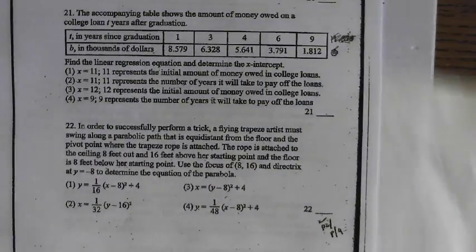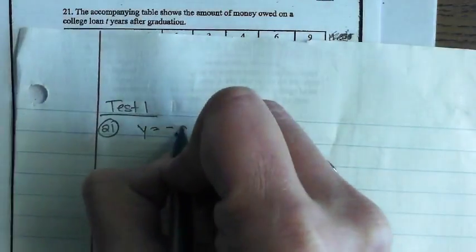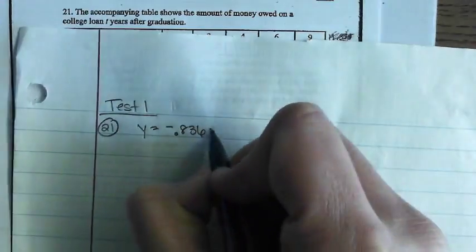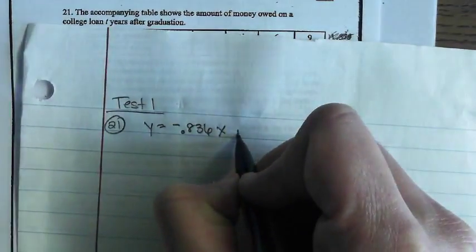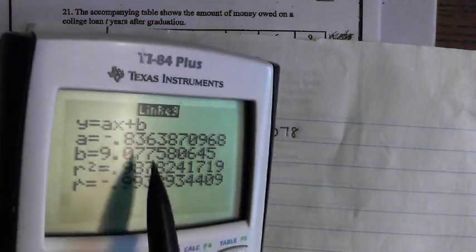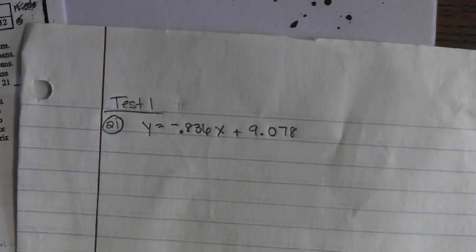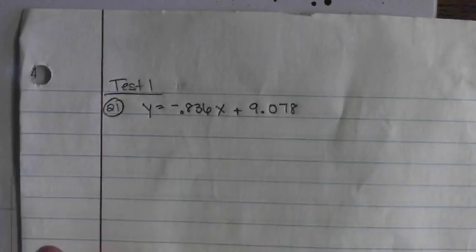So for this one, you would want to copy down this problem. Y equals negative 0.836x plus 9.078. If I want my x-intercept, I'm going to set y equal to 0.